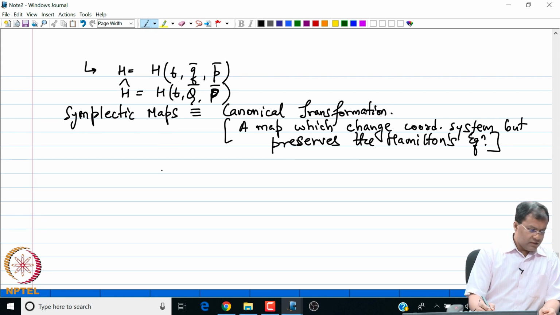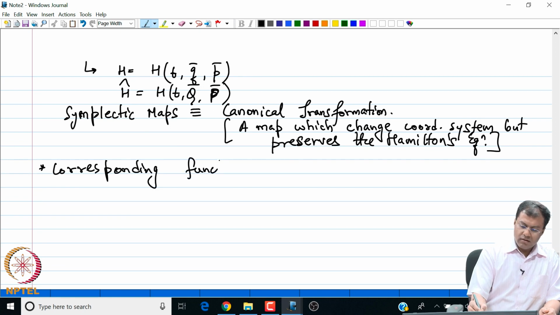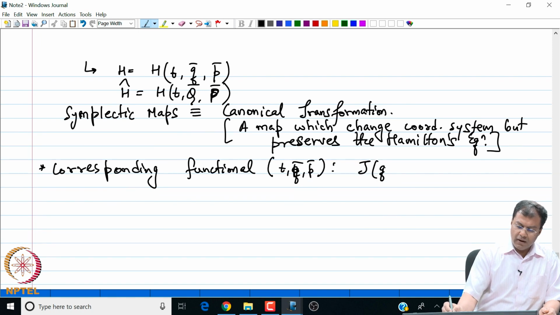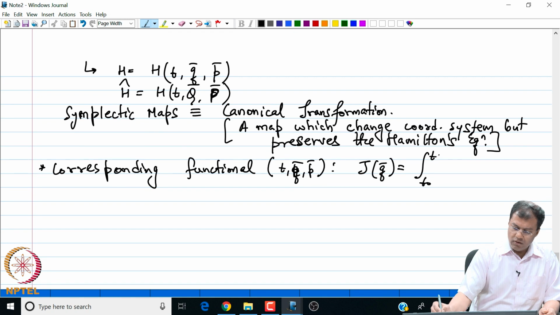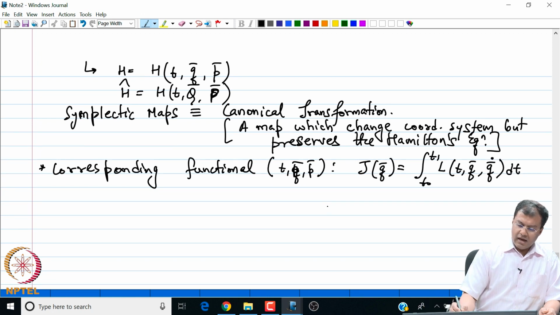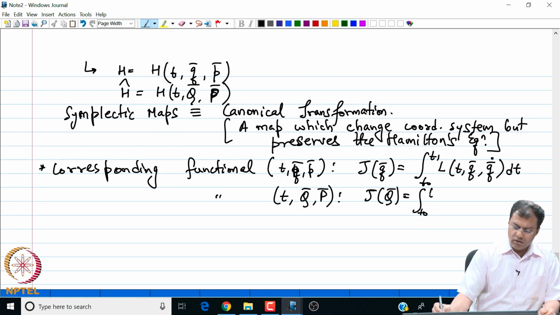So which means that the corresponding extremals, well, the corresponding functionals in the t, q, p framework are given by J of q bar, which is the integral from t0 to t1 of L of t, q bar, q bar dot dt, and the corresponding functional in t, capital Q, capital P bar is of the form J of capital Q bar, which is the integral from t0 to t1 of L of t, Q bar, P bar dt.